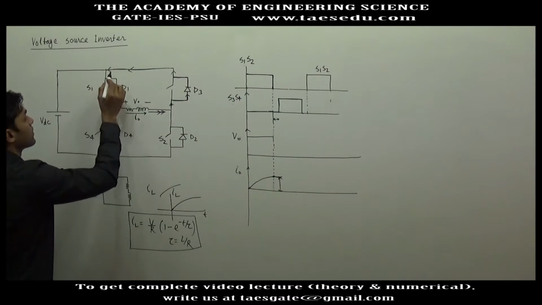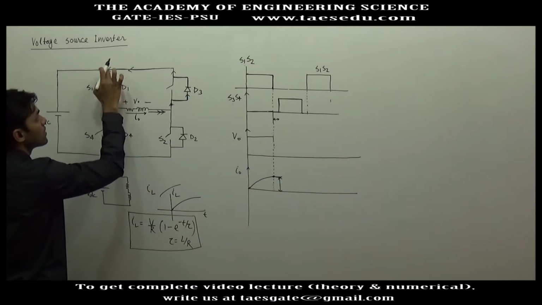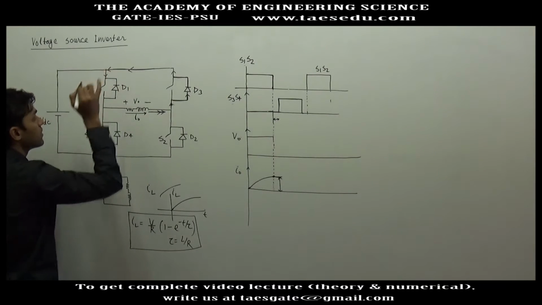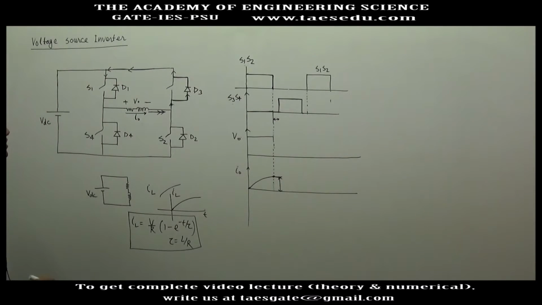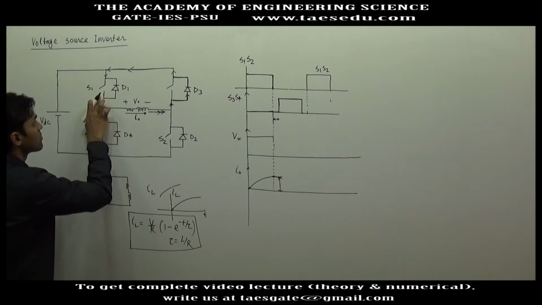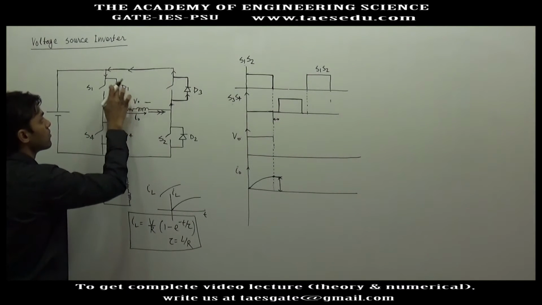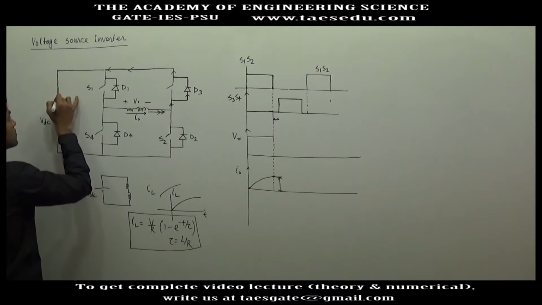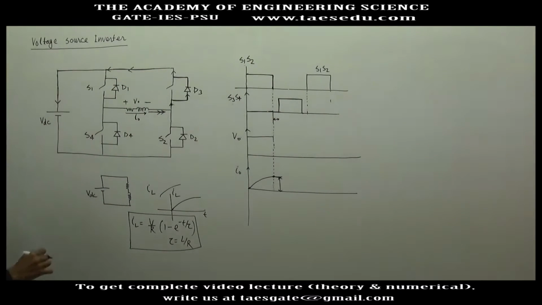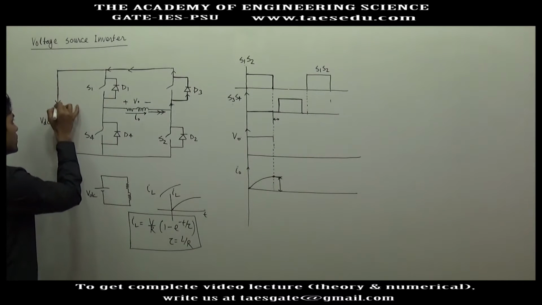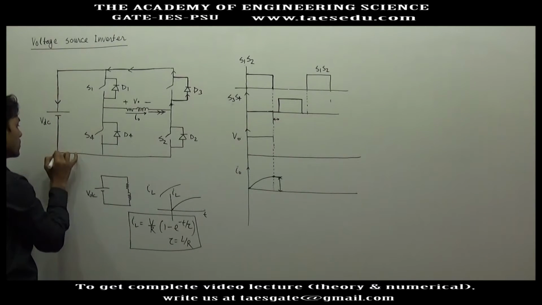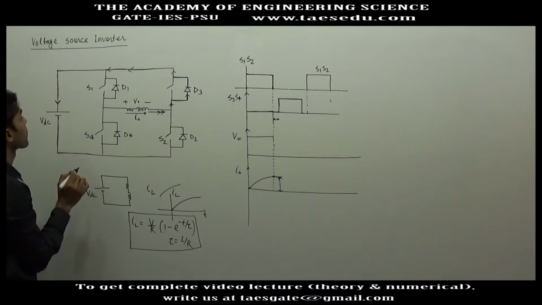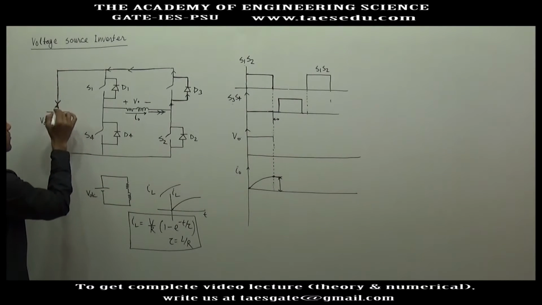Now, can this current come in the downward direction? In the downward direction, S1 is not conducting and D1 will not support it. So this current will go through the source and enter the positive terminal of the source, which means this source will absorb energy.